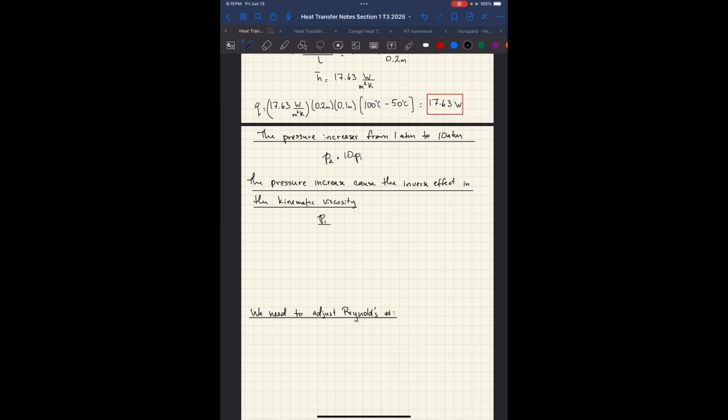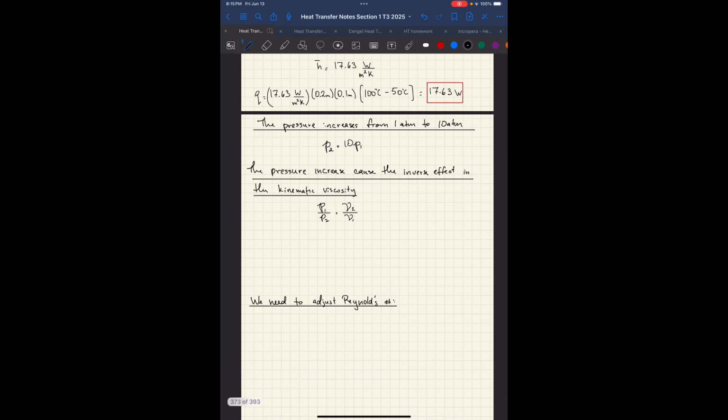We can write pressure 1 over pressure 2 is kinematic viscosity 2 over kinematic viscosity 1, because they're inversely proportional. And basically what we want to do now is solve for kinematic viscosity 2. So the 2 corresponds to the new condition and 1 corresponds to the old condition. So let's plug in for P2, right? P2 is 10 times P1.